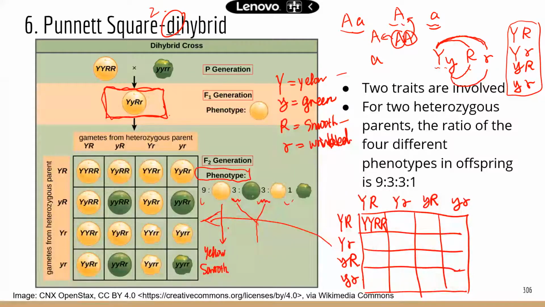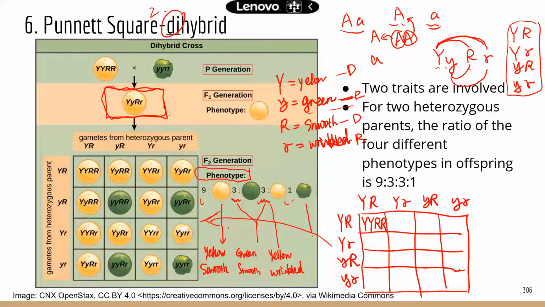So this 3 number is green, which is recessive, right? So I'm just going to do dominant, recessive, dominant, recessive. So you can see green is recessive, but the other trait is going to be dominant, which is smooth. And same thing here for this group, the color is going to be dominant, which is yellow, but the texture is going to be recessive, right, which is wrinkled.